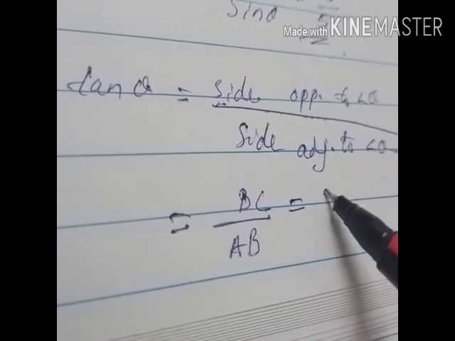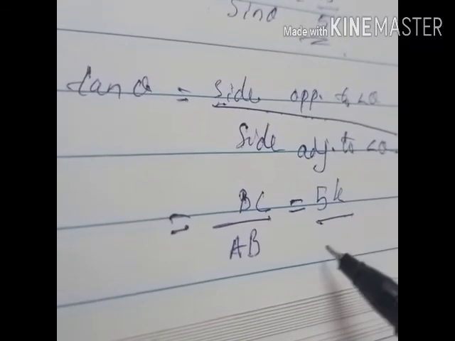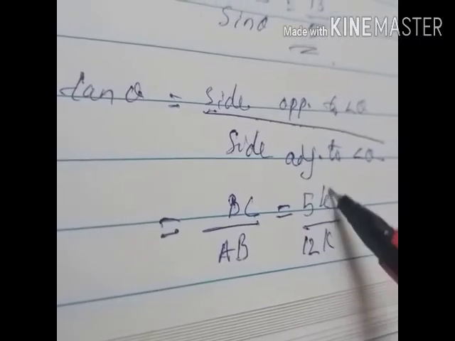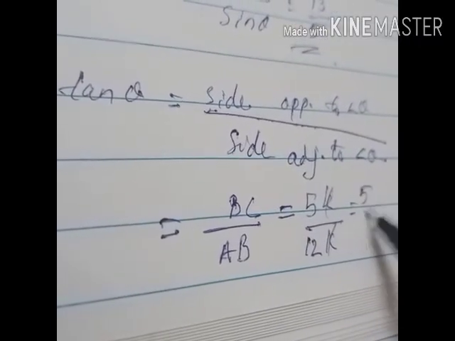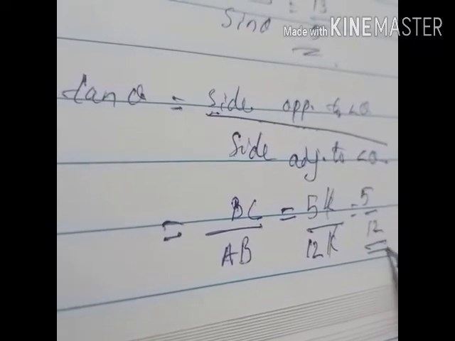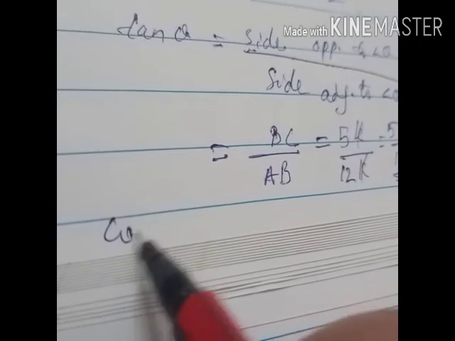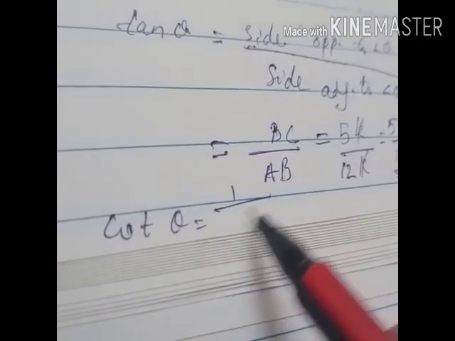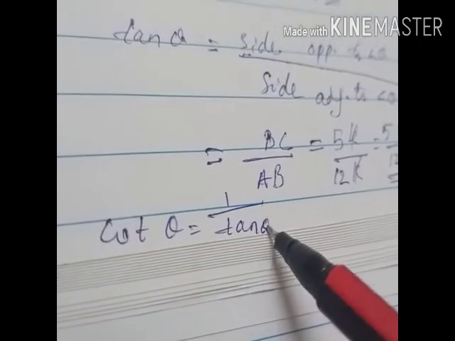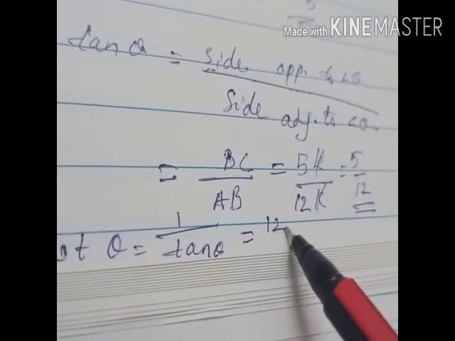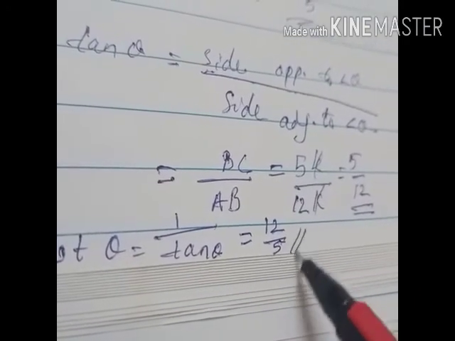So BC we got as 5K, AB is given as 12K. Then K and K will be cut, and we get 5 by 12. Then cot theta. Cot is the reciprocal of tan, so cot theta equal 1 by tan. Its reciprocal we can write as 12 by 5.